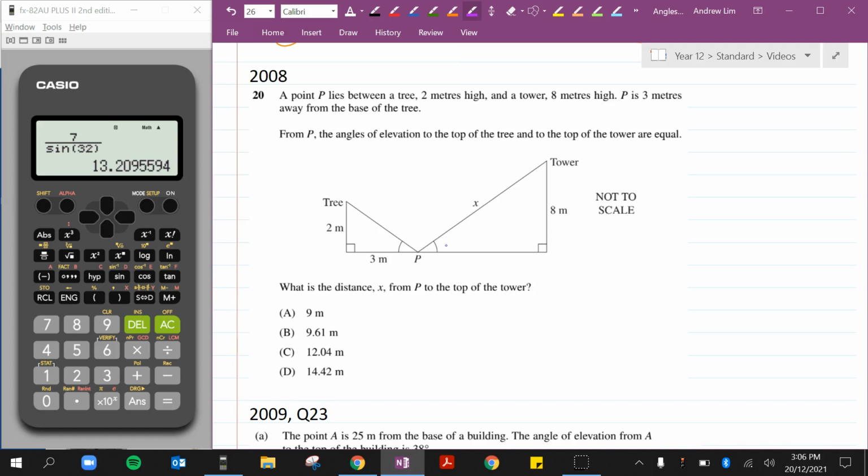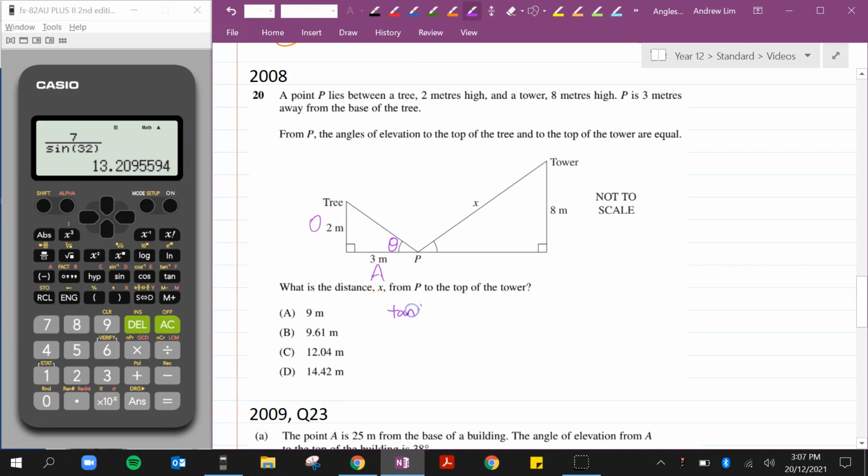In order for us to do this, we actually need to work out how big this angle is. So I'm going to be using this triangle here to work out what this angle is. And because we know that these two angles are the same, I can just use that here. I'm going to call that theta, because that's the angle I want to work out. This is opposite, this is adjacent, so I'm going to be using tan.